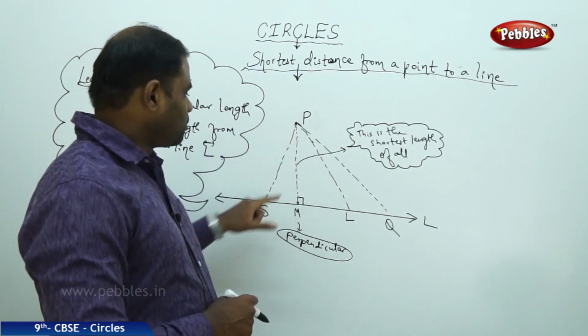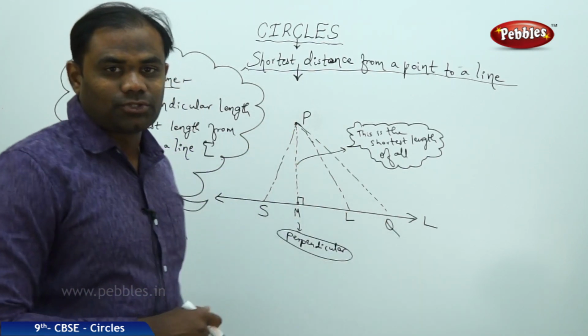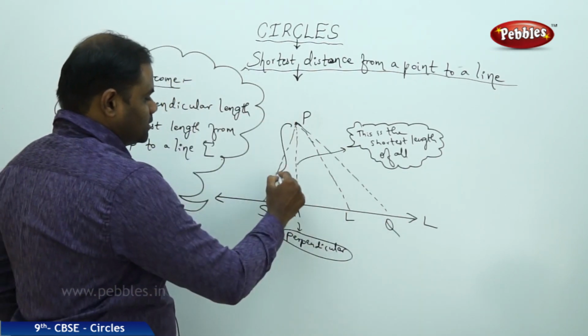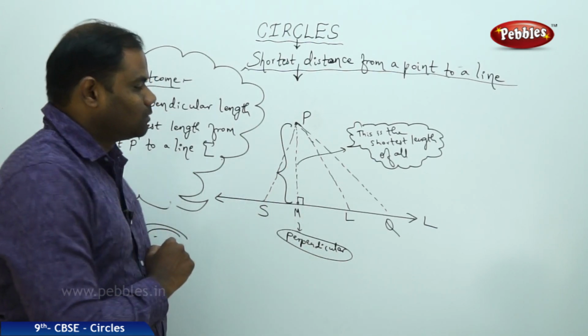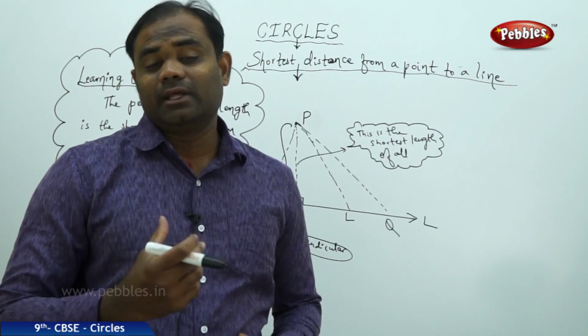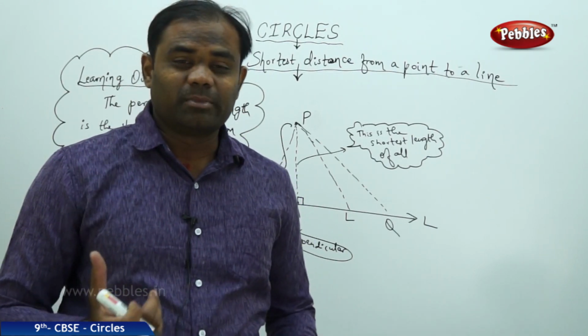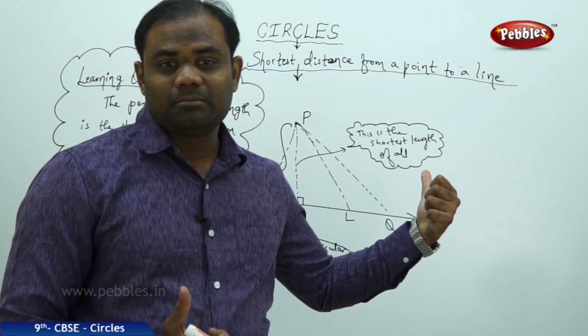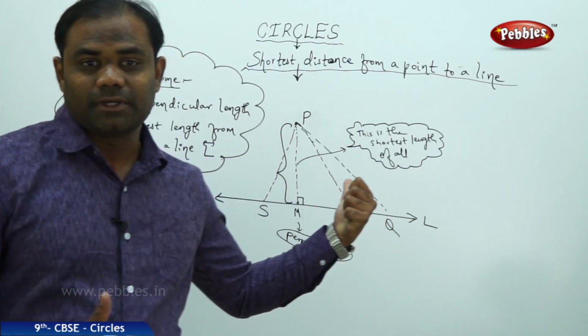So in this case, from a point P to a line L, the shortest length is this. Is how we understand the shortest length connected with the perpendicular length. PM is the shortest length in this case.